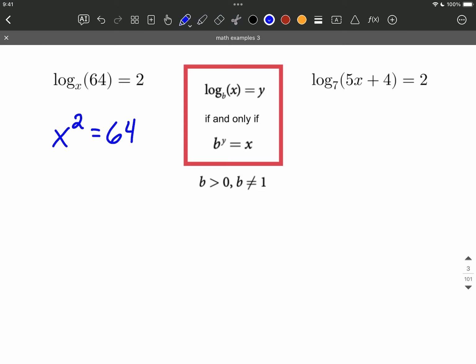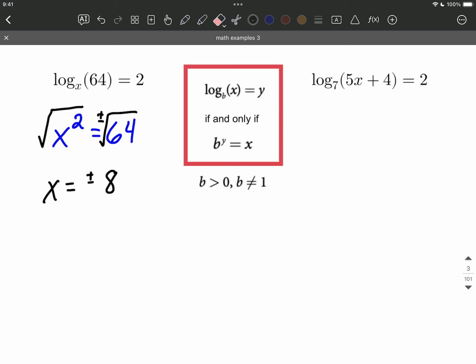This equation shouldn't be that difficult to solve. One side is being squared, so I would go ahead and apply a square root to both sides. Normally, we want to remember a positive and negative when we apply the square root to both sides of an equation. We end up with x on the left-hand side, and the square root of 64 works out to be 8.